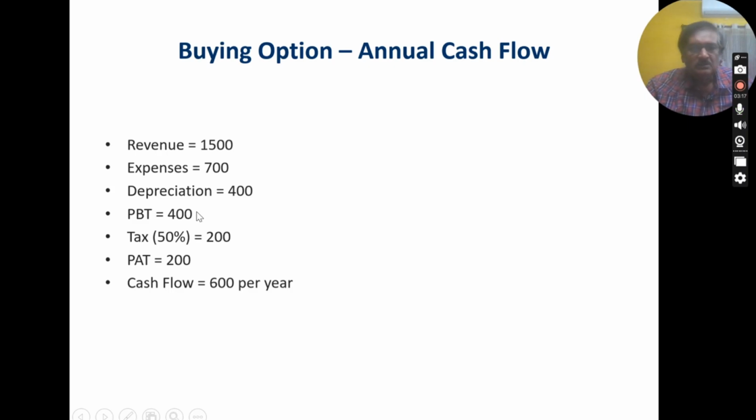But I have shown the calculation in the Excel sheet also at the last of all slides. Okay. Tax rate is 50%. That means tax will be 50% of 400, rupees 200. That's why cash flow will be profit after tax plus depreciation. That is 200 plus 400, which is 600 per year. Okay. This is the buying option and this is the cash flow per year.